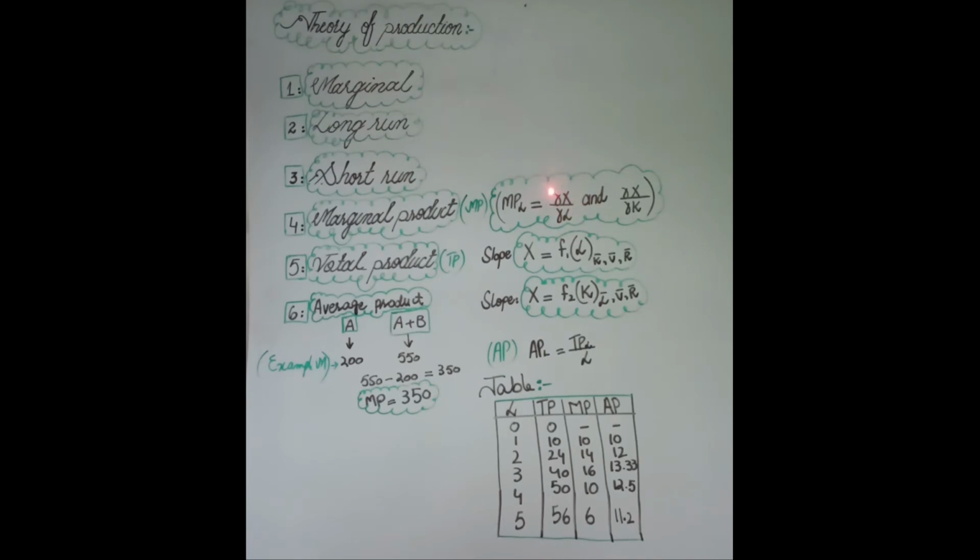So we will use the formula of labor, that is change in product divided by change in labor. And if we want to find out the marginal productivity of capital, then we will use a formula of this, that change in X means change in product divided by change in the unit of capital. That's it. This is the very simple formula for finding out the value of marginal product of any factor of production.